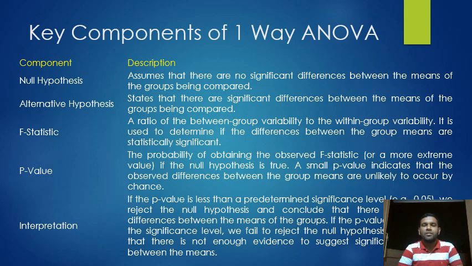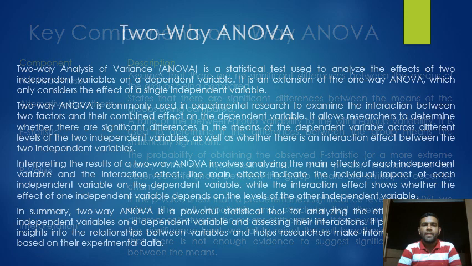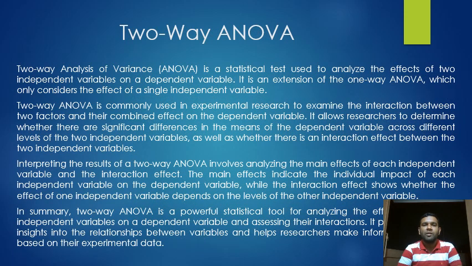If the p-value is greater than the significance level, we fail to reject the null hypothesis and conclude that there is not enough evidence to suggest significant differences between the means. Now, that was about one-way ANOVA. Let us look at two-way ANOVA.